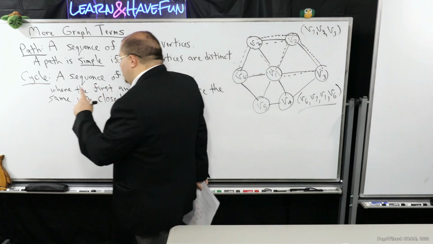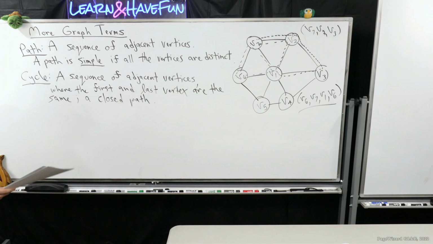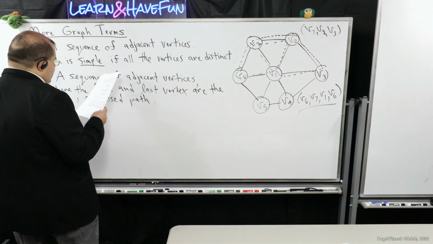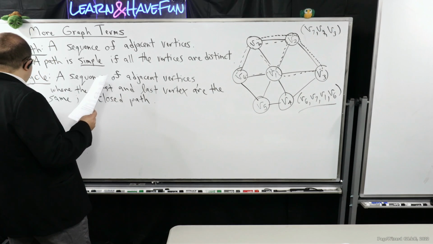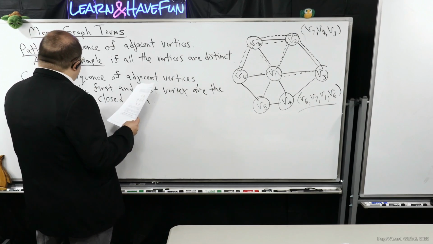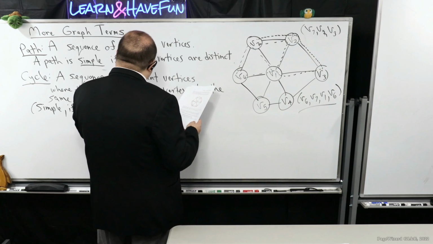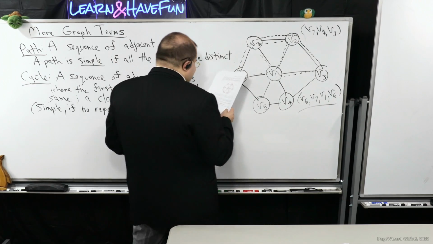And likewise, we can also define a simple cycle by the same rules. It's called simple if no repeated vertices, except for the last two, right?